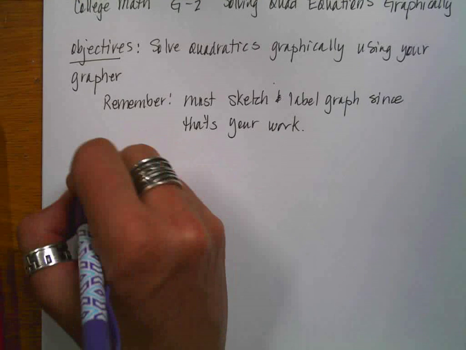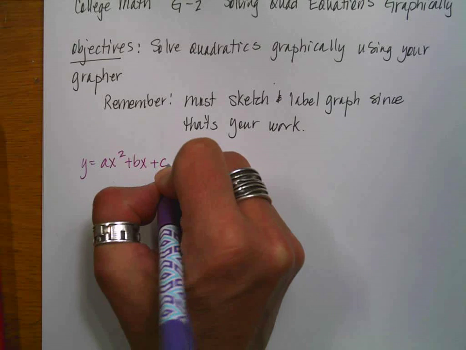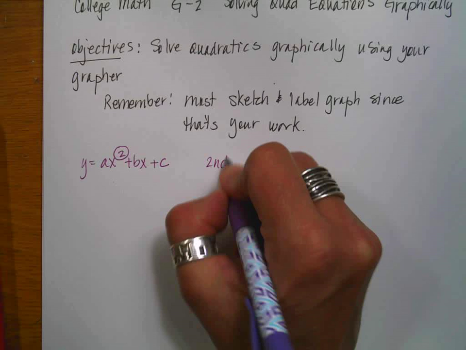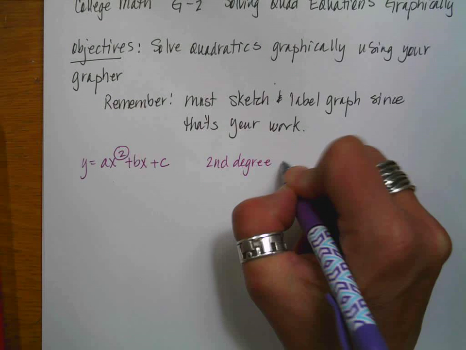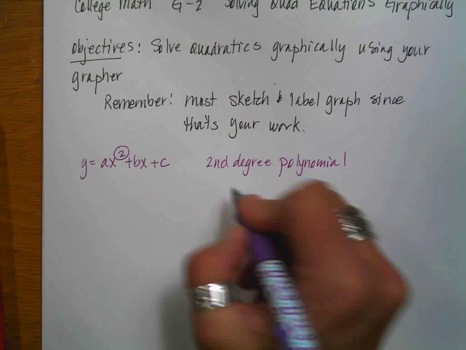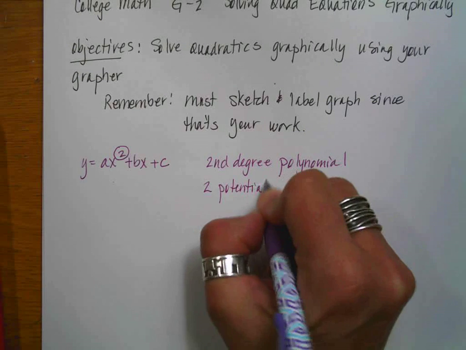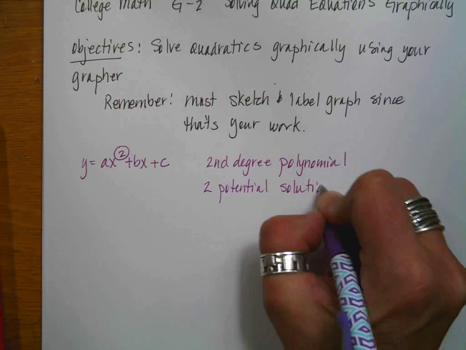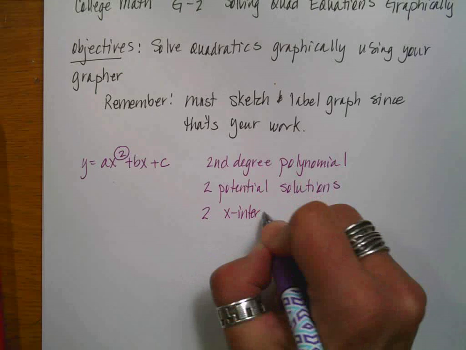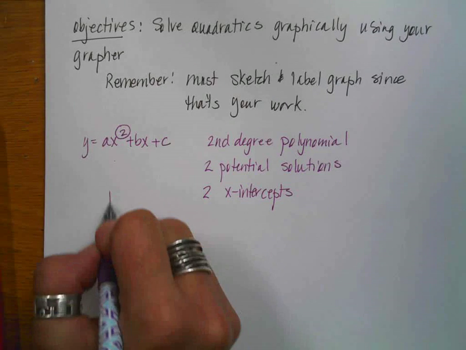So as we get started, let's look at the formula for a quadratic. It's ax squared plus bx plus c. So this is a second degree polynomial, great math words, which means that it has two potential solutions, which means that it has two x-intercepts, because a solution and x-intercept, those words are used interchangeably.